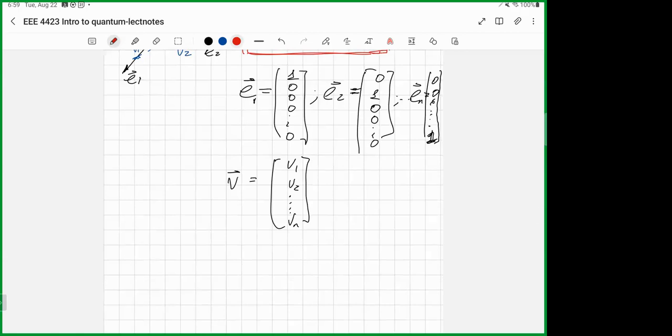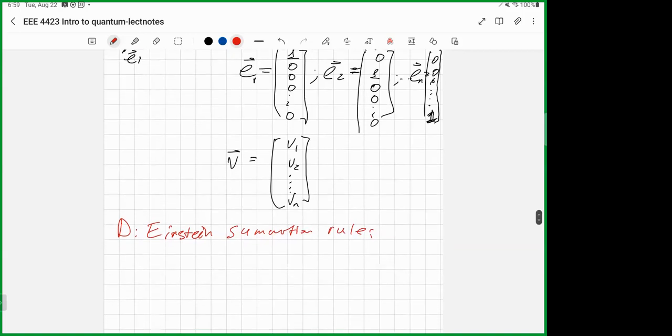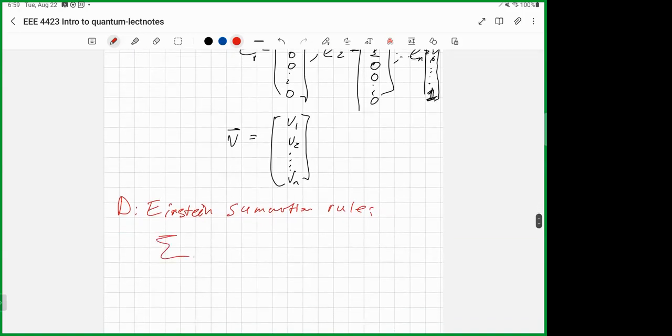So at this moment, it's nice to introduce the Einstein summation rule. It arises when we have expressions like this with two indices, like v_i e_i, right?